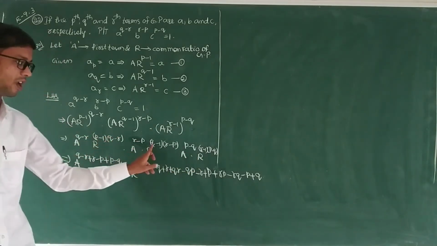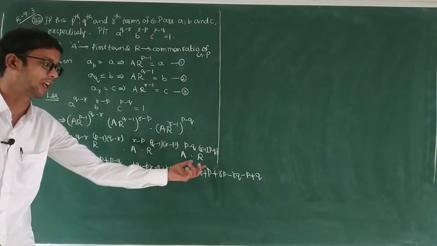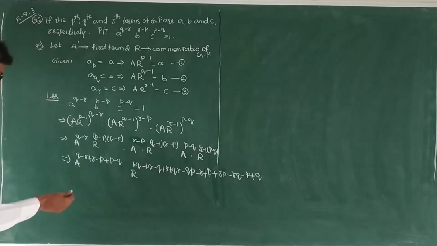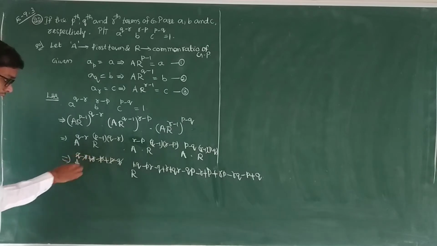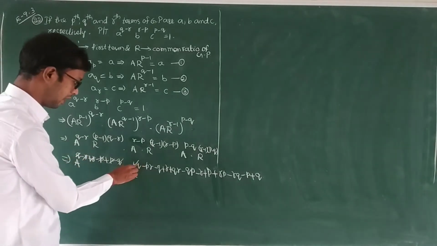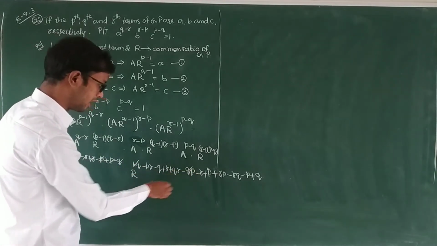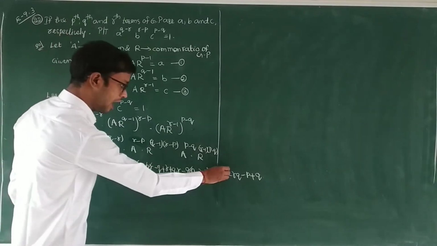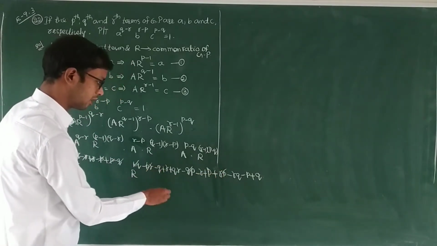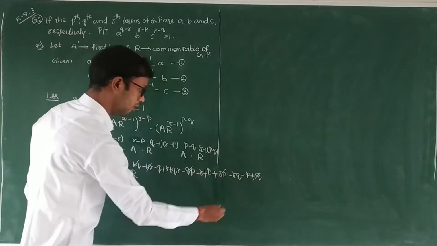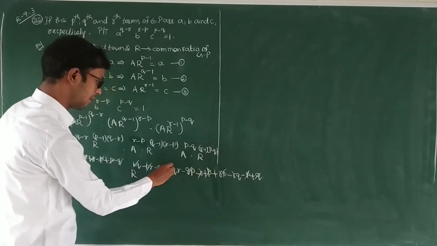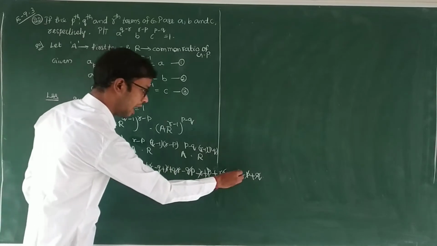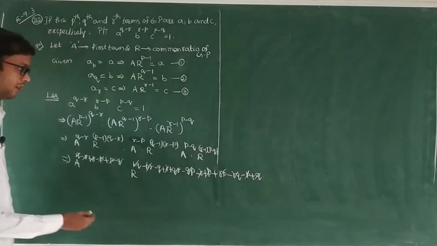This multiplication I am also making and writing. Here you observe plus q minus q, pp, r cancel. Here plus pq, here minus pq. So pr, rp minus q plus q minus p plus p minus r plus r, qr, rq. All cancellation you will get.